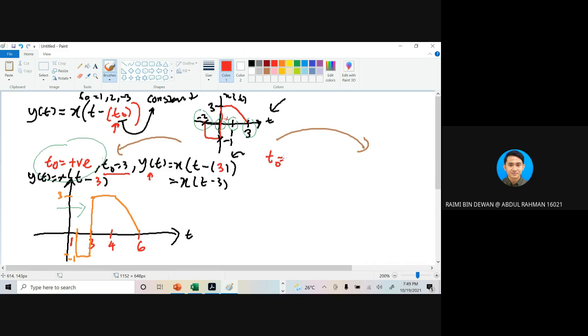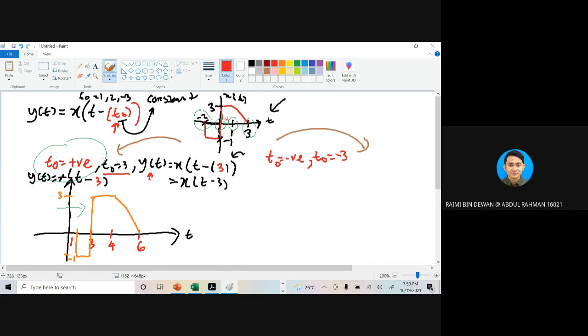When your t naught is negative, then how is the representation? For example, imagine t naught is -3. Now we have a different value of time. Just now we had +3, now we have -3.